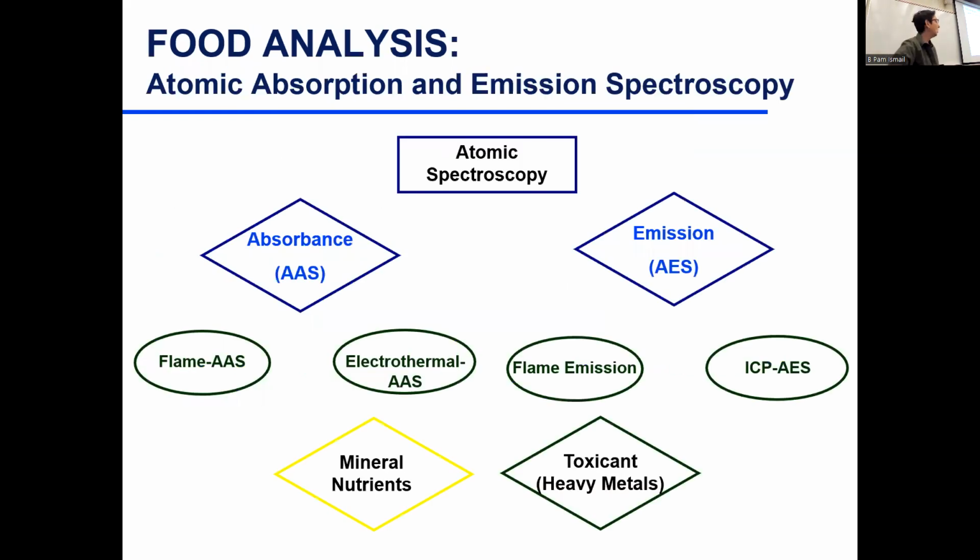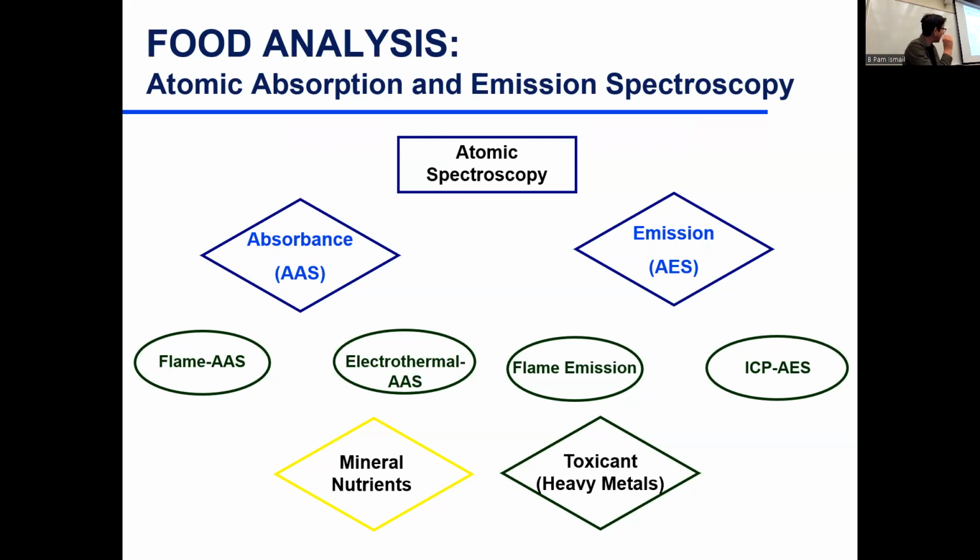Great. Moving on, atomic spectroscopy can be measuring absorbance, or you can be measuring emission. AA is atomic absorption spectroscopy and AES is atomic emission spectroscopy. In atomic absorption spectroscopy, we have flame AA, the same as you use in the lab.